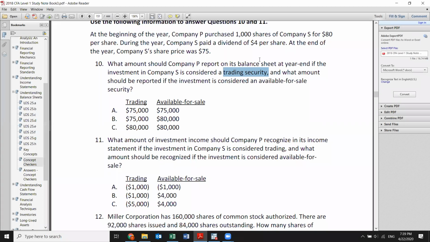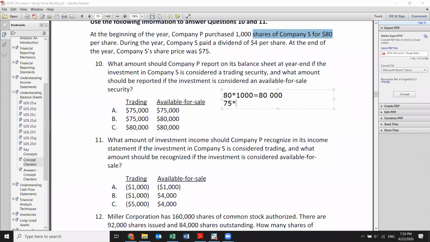So if at the beginning you purchased the shares, they were equal to $80 times 1,000 shares, which gives you 80,000 at the beginning. But we know the price fell to $75. So in both cases, it should be the same.